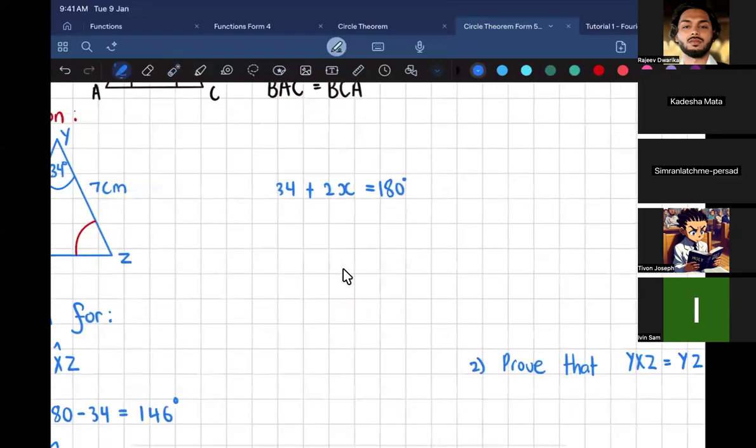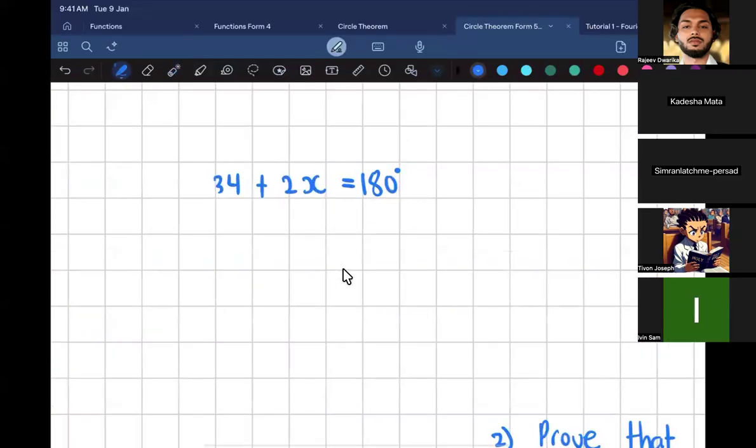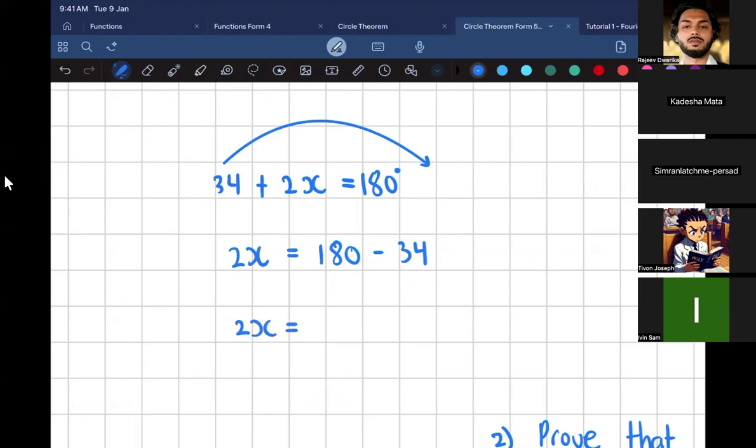So if I want to find x, the first thing I'm going to do is move across this positive 34. If I move it across, that positive 34 turns to negative 34. So I'm going to end up with 2x equal to 180 minus 34. What is 180 minus 34? 146.